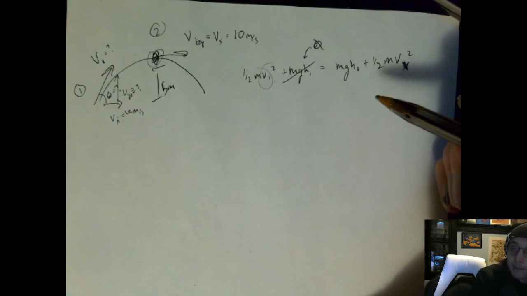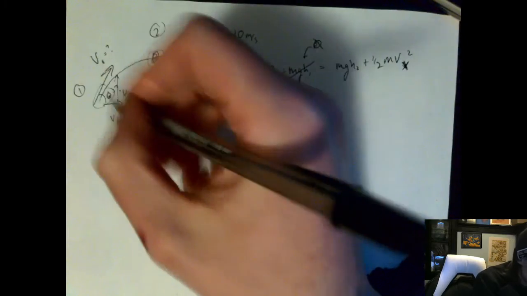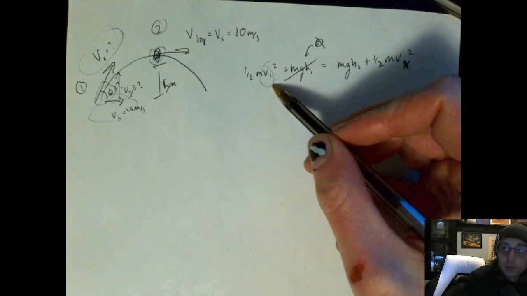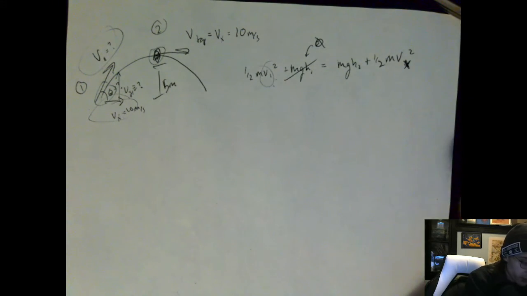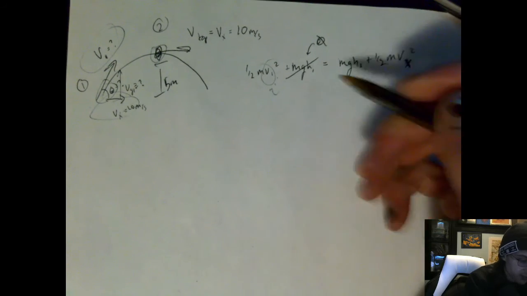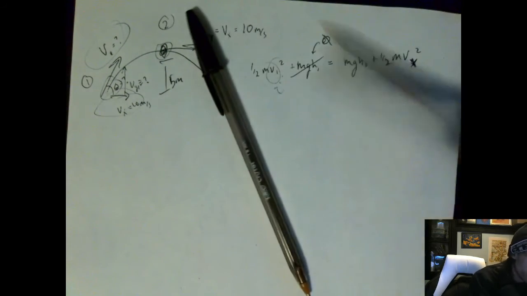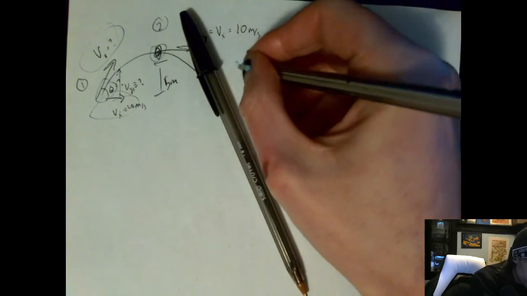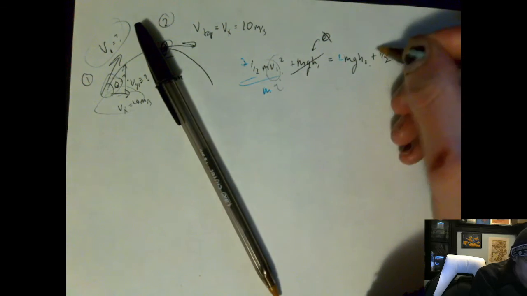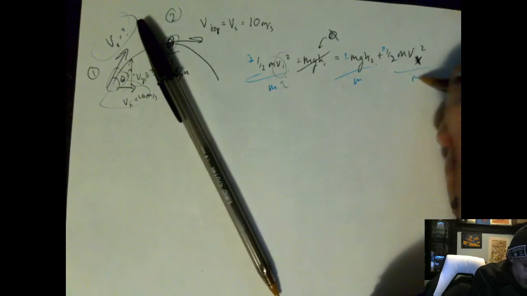So as we're going here, if we want to find this angle, we know the x component, we don't know the actual diagonal, but that's what this is. So the only thing we're looking for here is this velocity. Well, we know the height, we know the velocity, so all we have to do is multiply each side by 2 and divide each side by m.